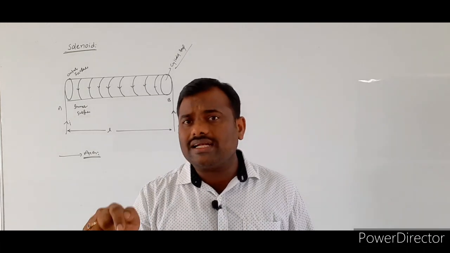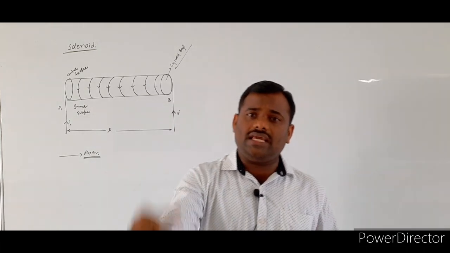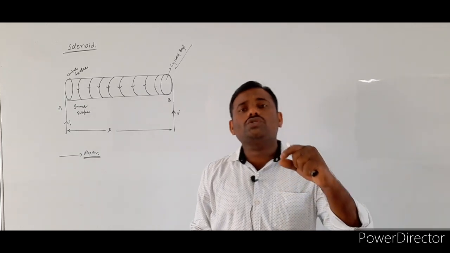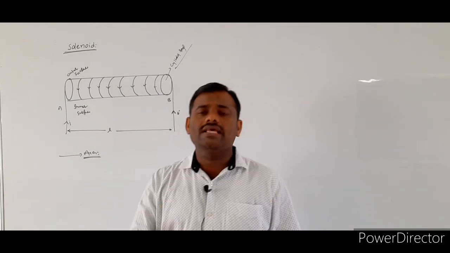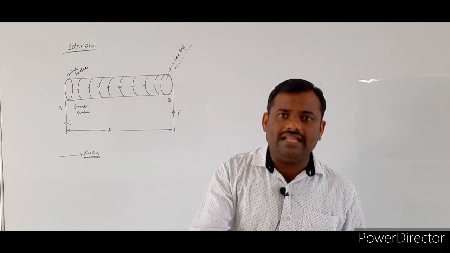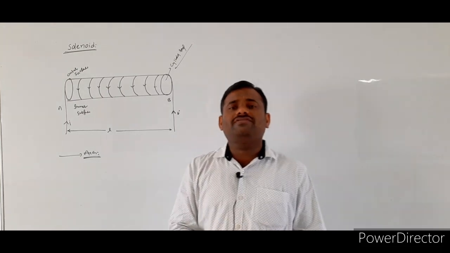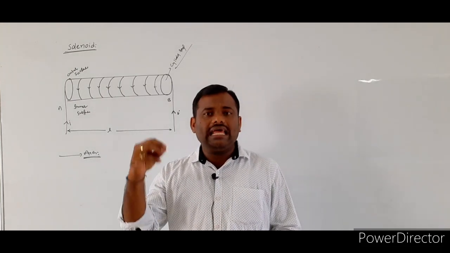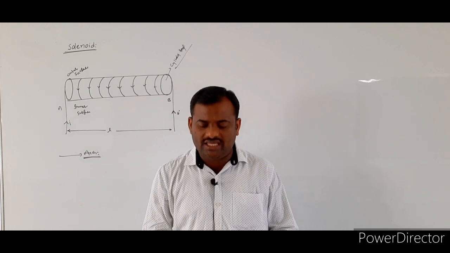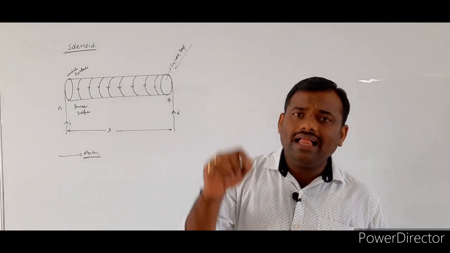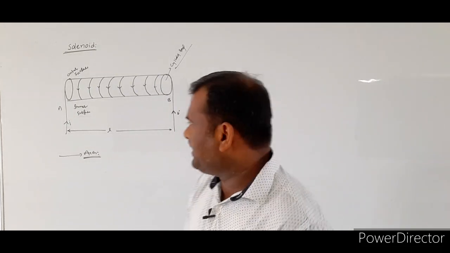When will you use the term resultant magnetic field intensity? Whenever there are so many magnetic fields, more than 2 magnetic fields, multiple magnetic fields acting at a given point simultaneously, you have to calculate the resultant magnetic field intensity.